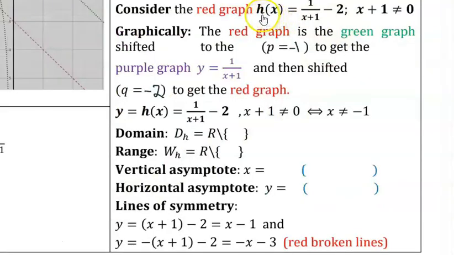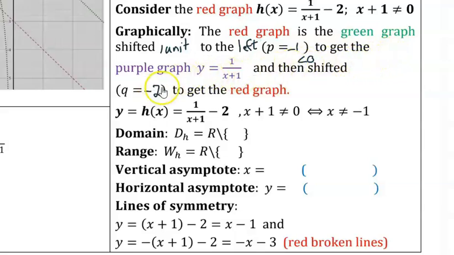To get this graph h of x, which is 1 over x plus 1 minus 2, we have to first shift this graph 1 unit to the left because our p-value is -1, which is less than 0. So shift it 1 unit to the left because of the p-value.